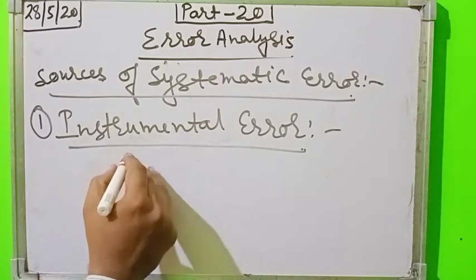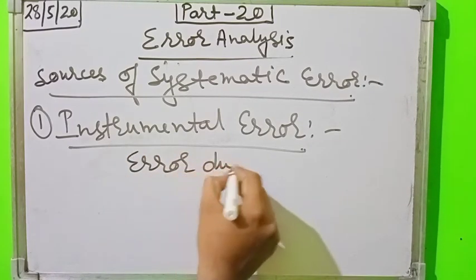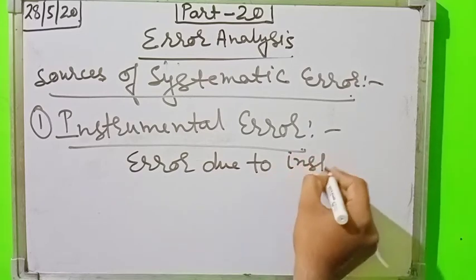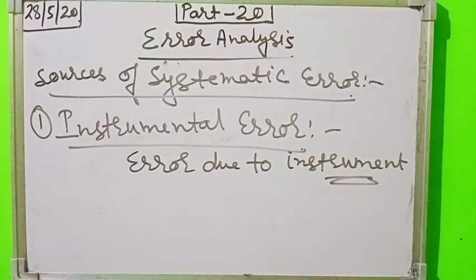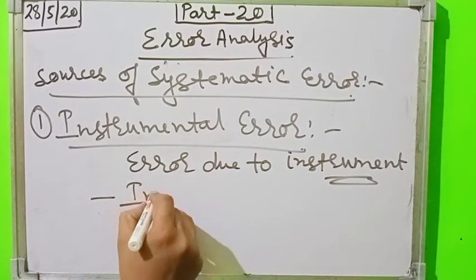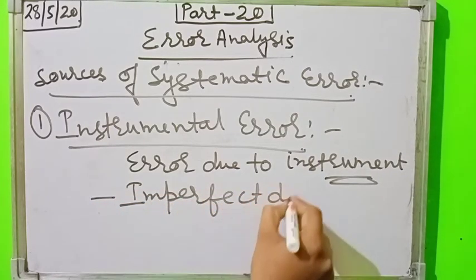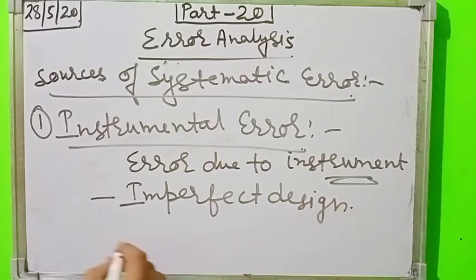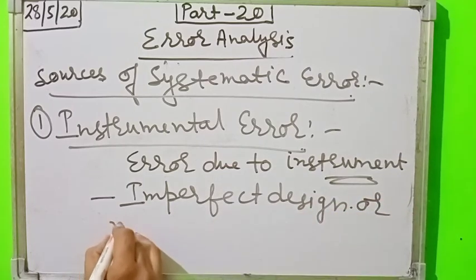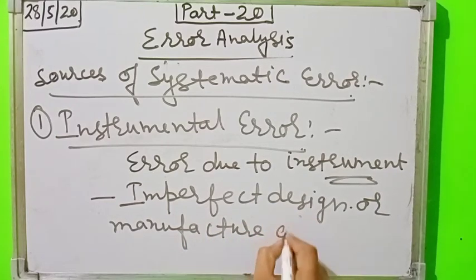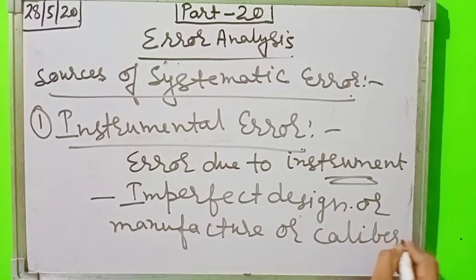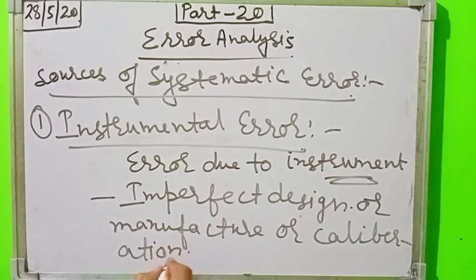Error due to instrument means imperfect design, or manufacture, or calibration of the measuring instrument. Suppose you will see in the laboratory a vernier caliper.